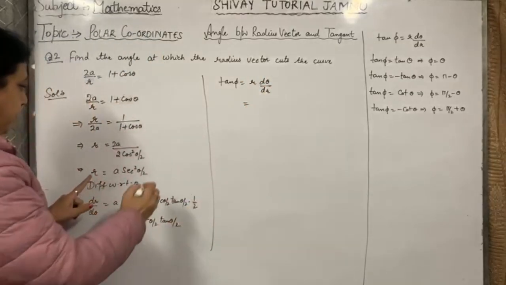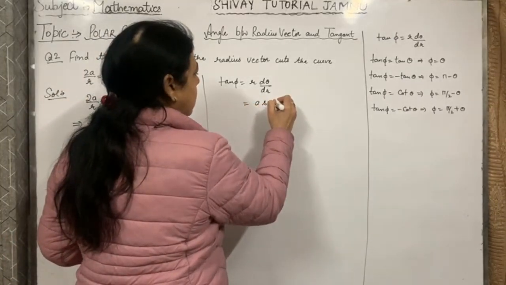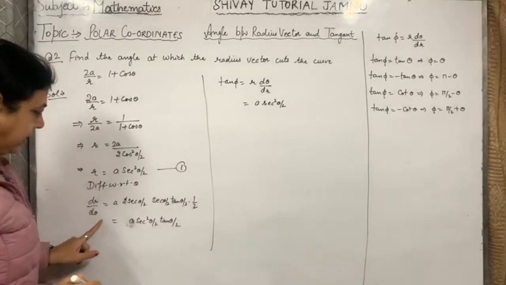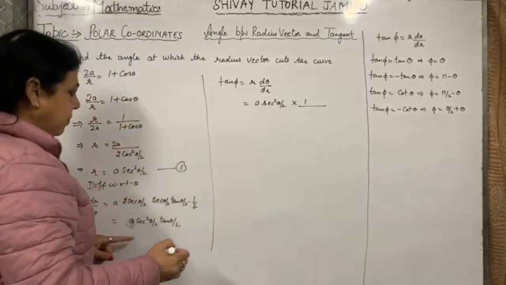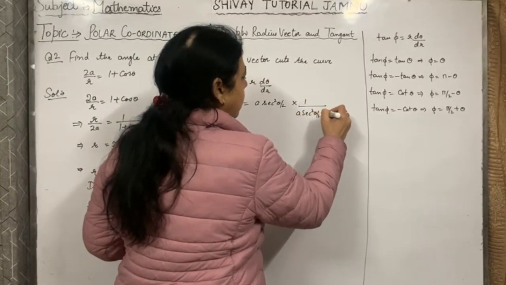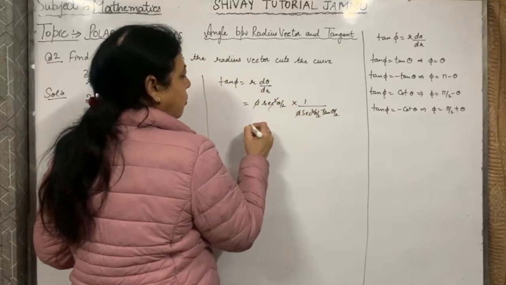What is r? R is a sec square theta by 2. What is d theta by dr? We have dr by d theta. So, for d theta by dr, we reciprocal the term, a sec square theta by 2 tan theta by 2. A sec square theta by 2 cancel.